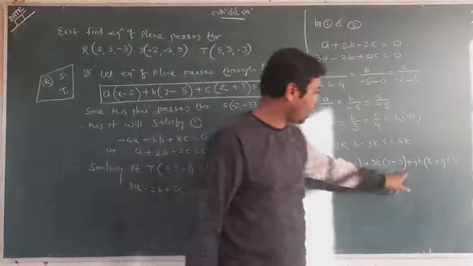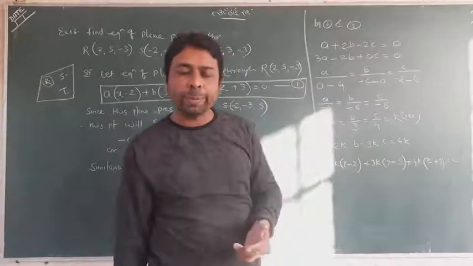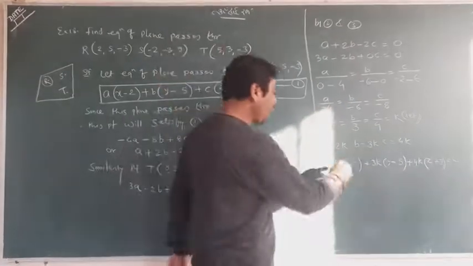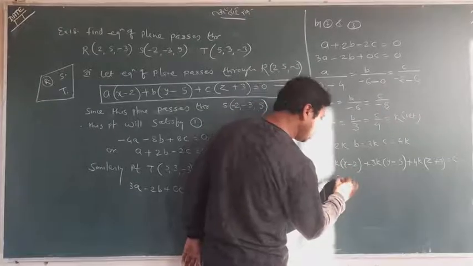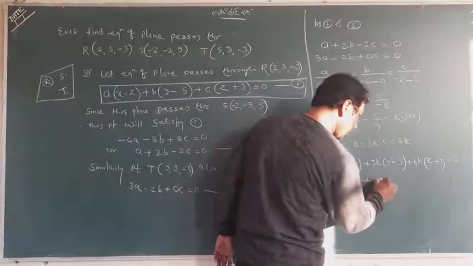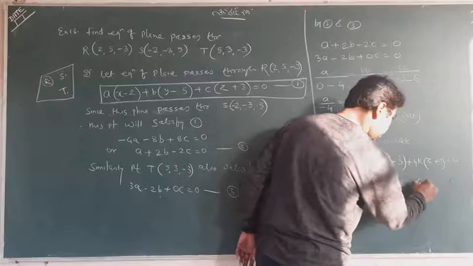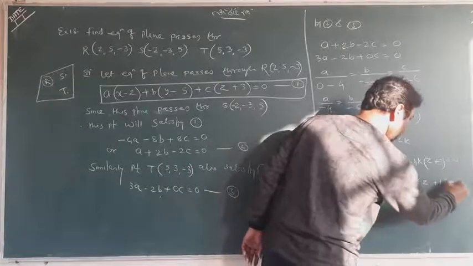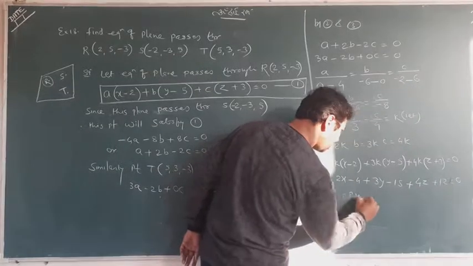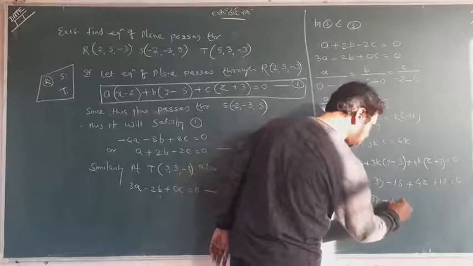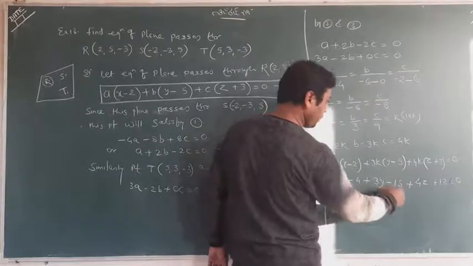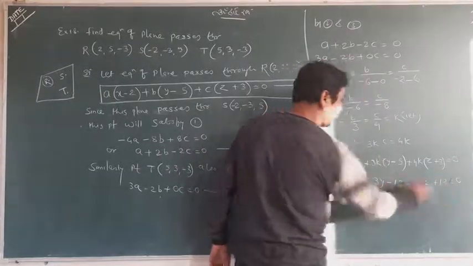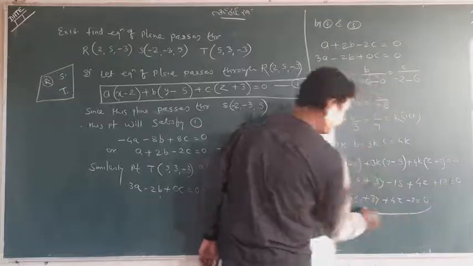Then afterward you multiply by 2: 2x minus 4, 3y minus 15, 4z plus 12. Now you can arrange: 2x plus 3y plus 4z and 4, 15, 12 all will be 7, sorry. So this is your answer.